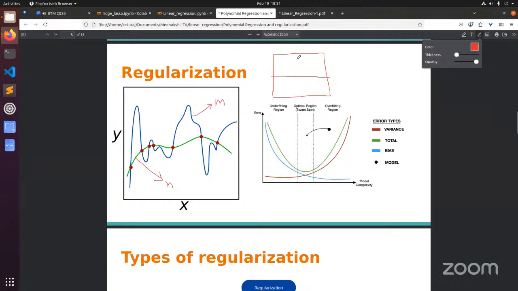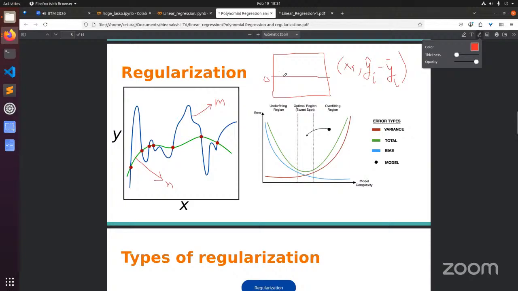So for the residual plot, this is 0. The residual plot is, for each of the data points xi, you want to find out the predicted yi minus the true yi. So this is what you plot.